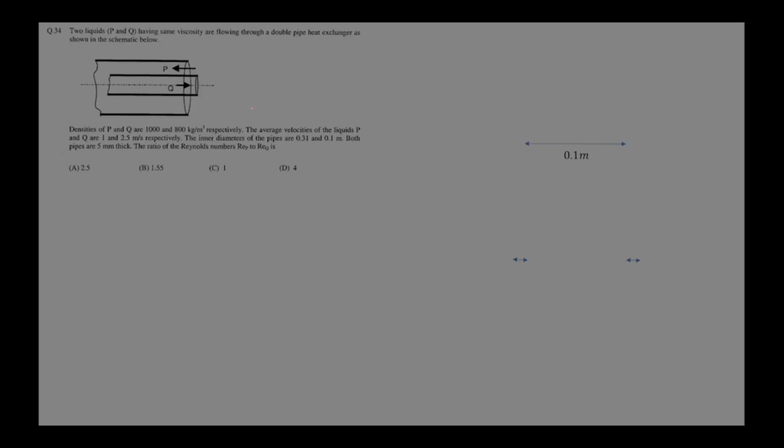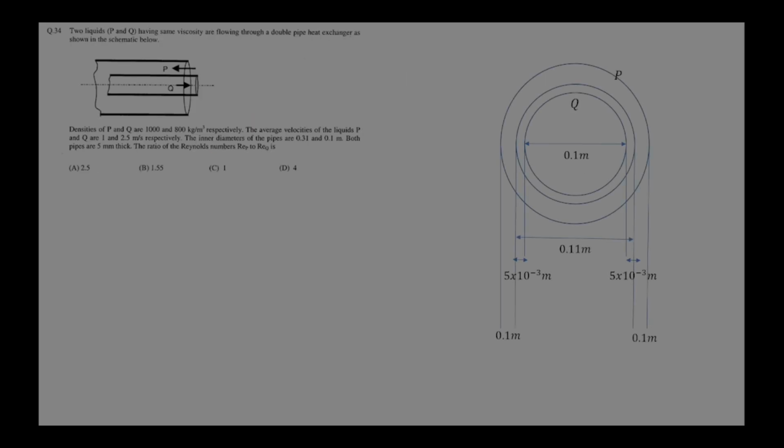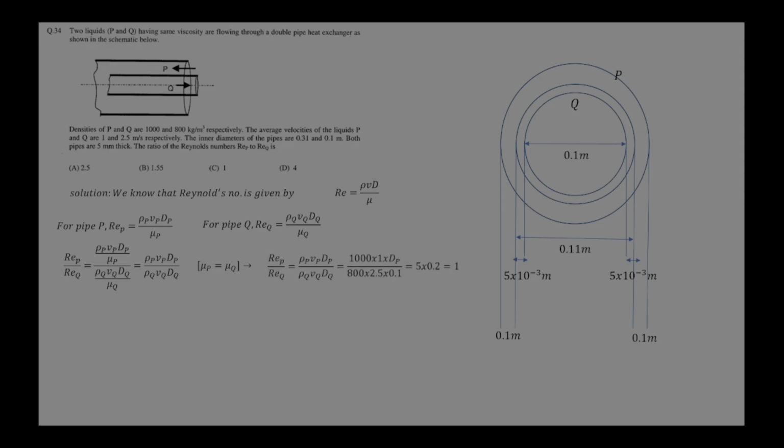Okay, now very first, this is the diagram. See, read the question. This is the diagram. So we know that the Reynolds number is given by rho V d upon mu. For pipe P, for pipe Q, divide Reynolds number P by Reynolds number Q, you will get this. Now we have to find the dP.